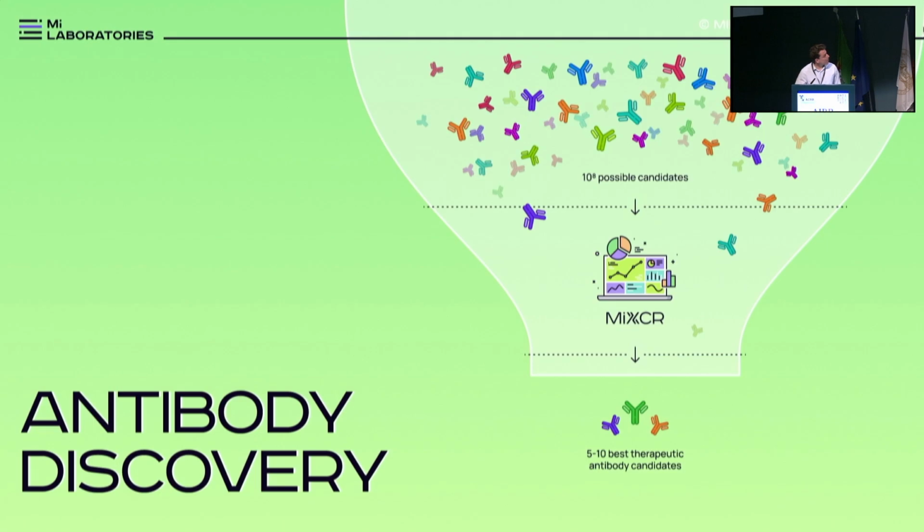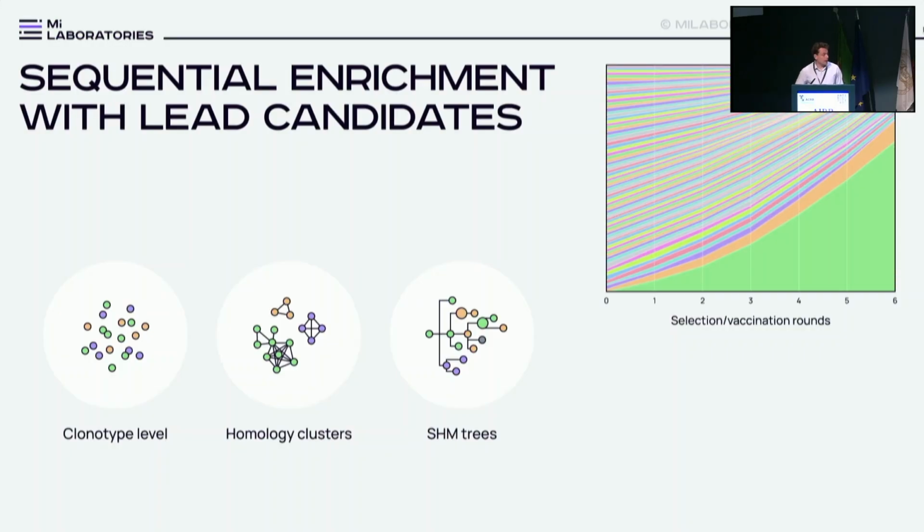The last thing I wanted to cover as a huge addition to MiXCR is that last year we released dedicated support for antibody pipelines and the different ways people are doing antibody discovery. In recent versions of MiXCR, we have specific functionality to identify antibody candidate leads, both on the clonotype level, of the homology clusters, and somatic hypermutation trees.